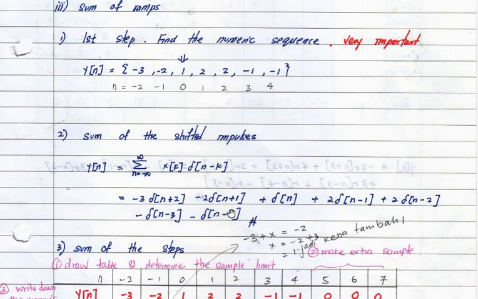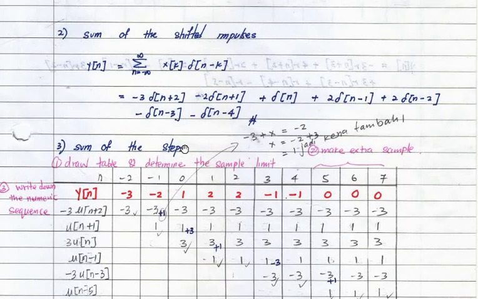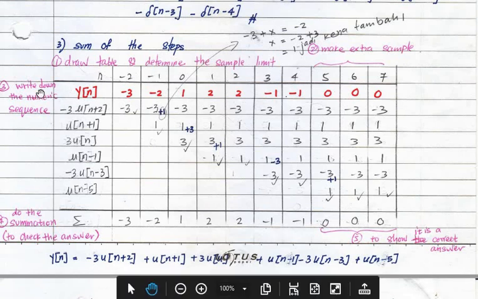Next question is the sum of the step. For the sum of step, there are a few procedures or guidelines to help you solve this question. The first one is to draw a table and determine the sample limit.